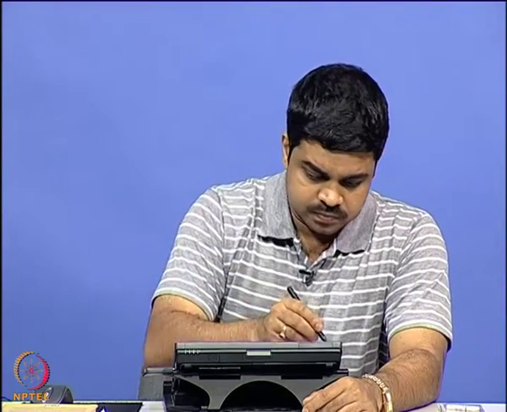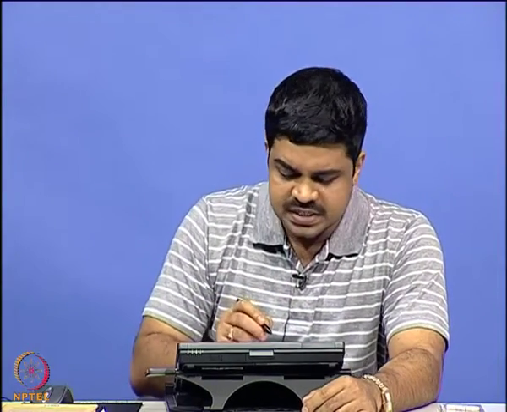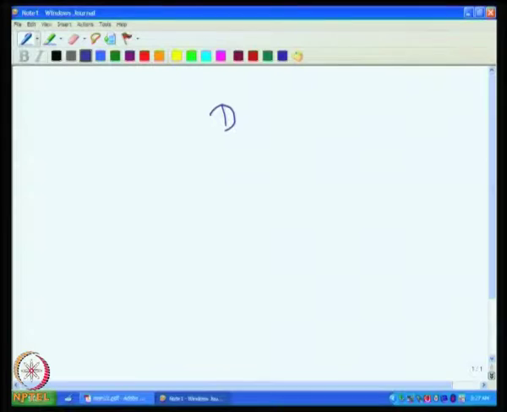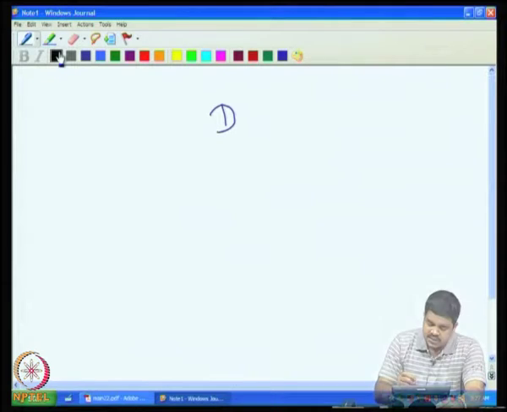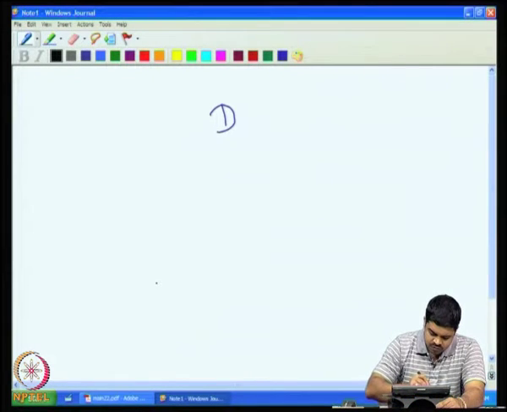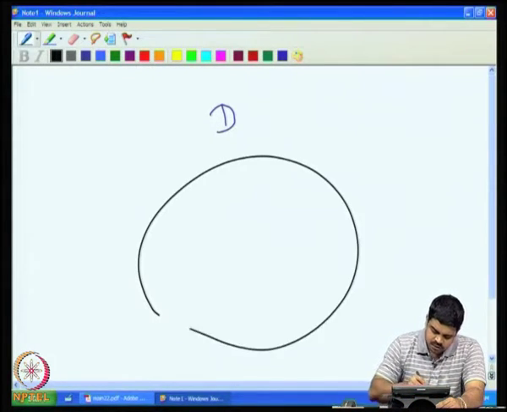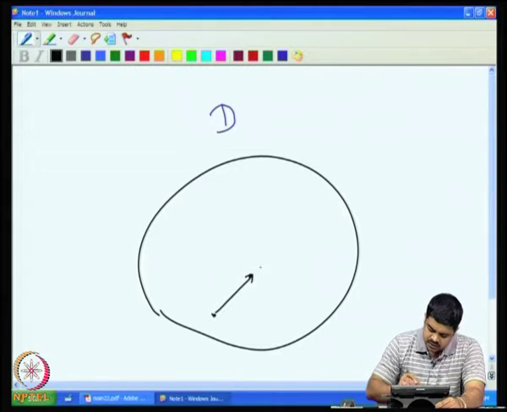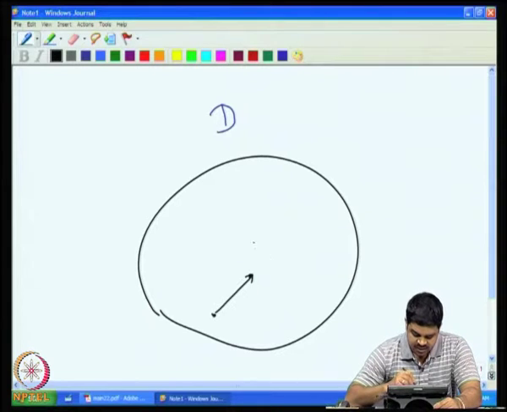So, we consider a directed graph D. What we first do is, suppose this is the directed graph, we start taking some edges from it in such a way that there are no cycles in it.